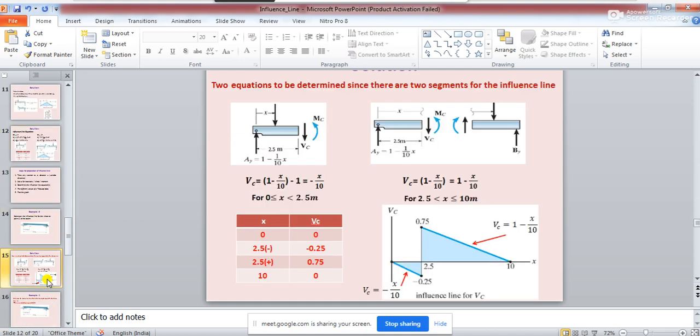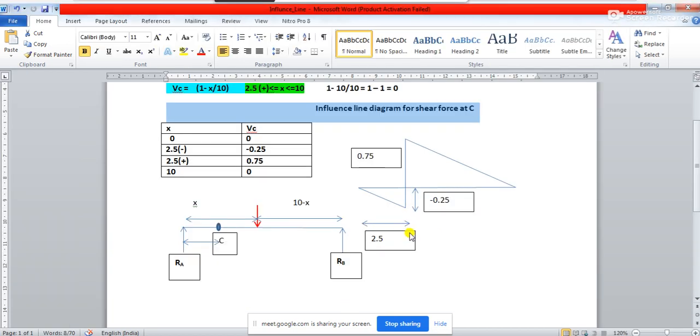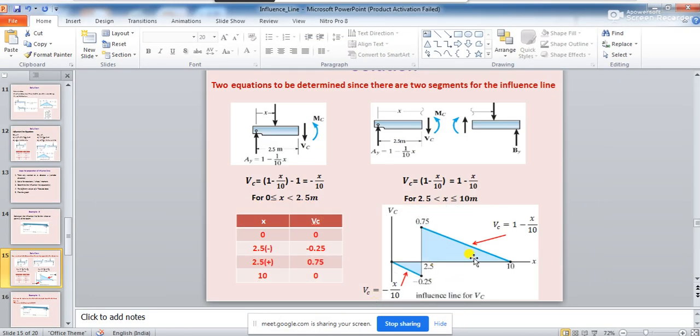Exactly whatever we have calculated is being shown in the slide. This ordinate value is minus 0.25, that's what we have calculated, and this ordinate value is plus 0.75. We have explained it, and you notice this is a straight line.